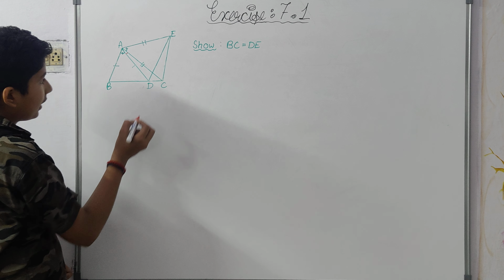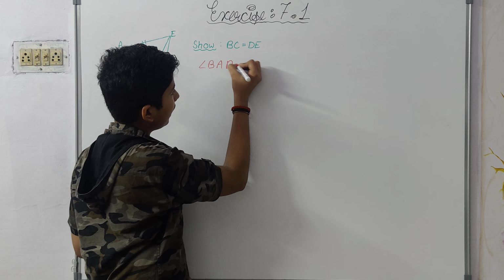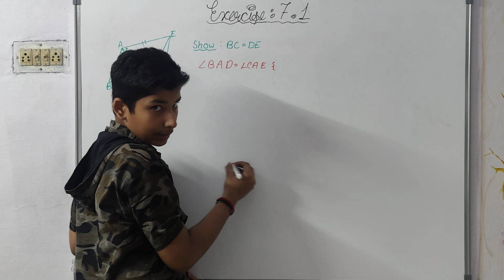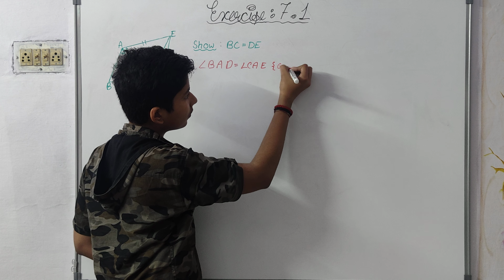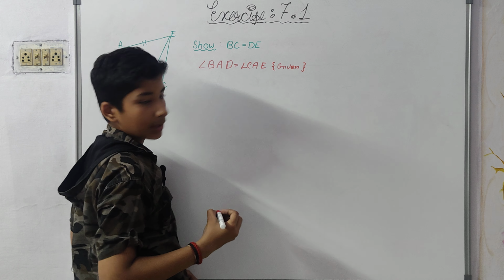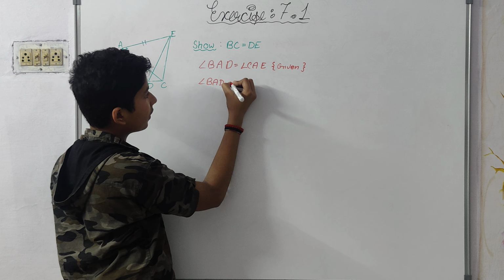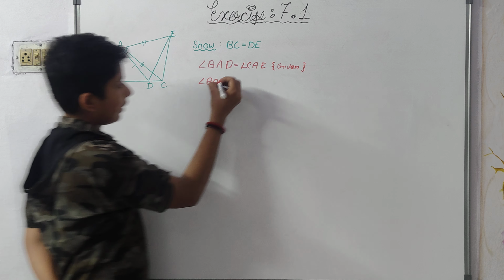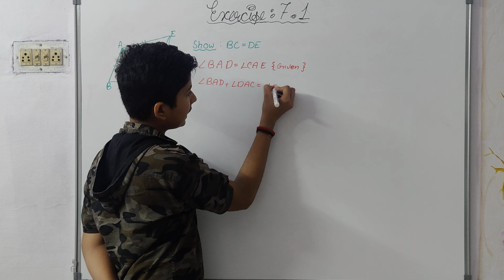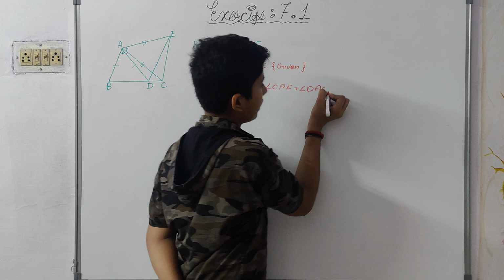Angle BAD equals angle CAE. In brackets we write it is given. Now angle BAD plus DAC equals angle CAE plus angle DAC.